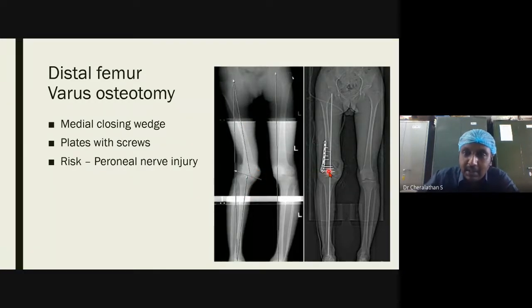Now, after surgery, we acutely bring it to neutral. Therefore, there can be tension on the lateral side, and this can give rise to peroneal nerve injury. This is one risk which has to be kept in mind when you correct a valgus deformity using a closing wedge, which leads to varus osteotomy. Is the message clear? Are you able to understand why we get a peroneal nerve injury here?